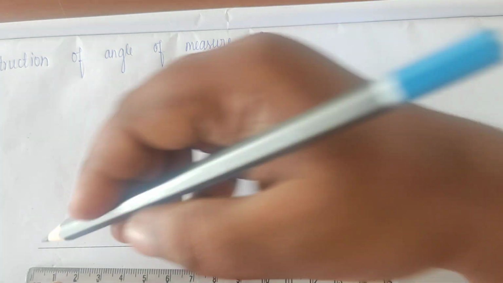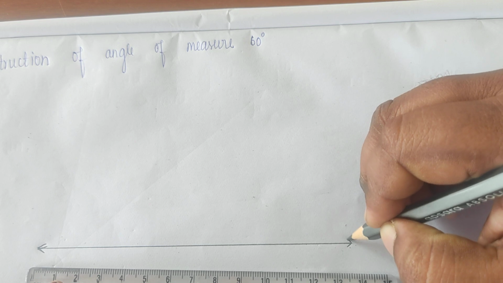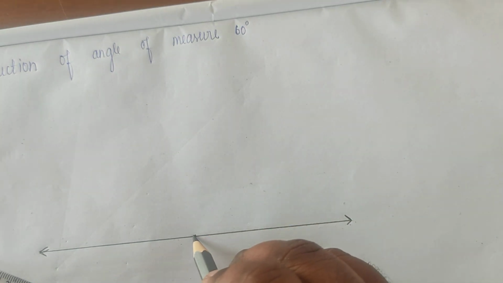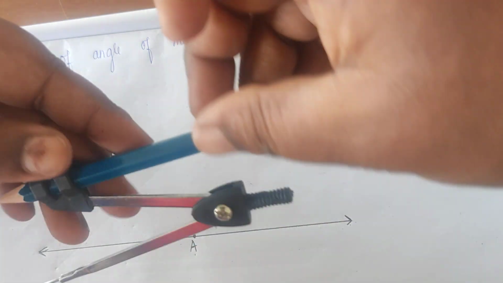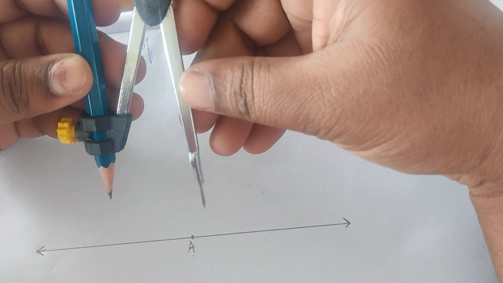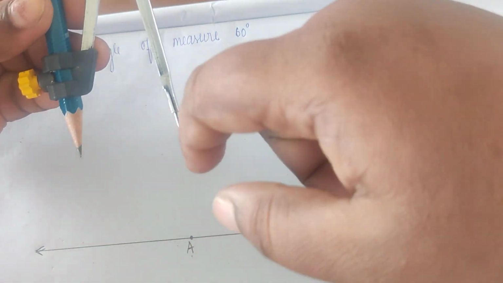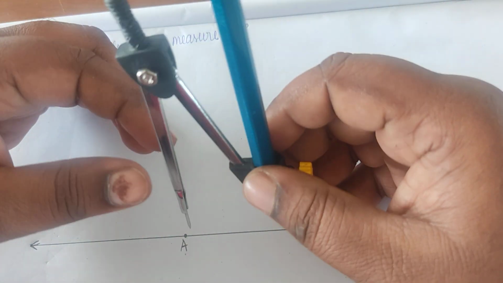Okay, first draw a line, and mark a point on it. Mark this point as point A and using a compass, take some radius, some convenient radius.